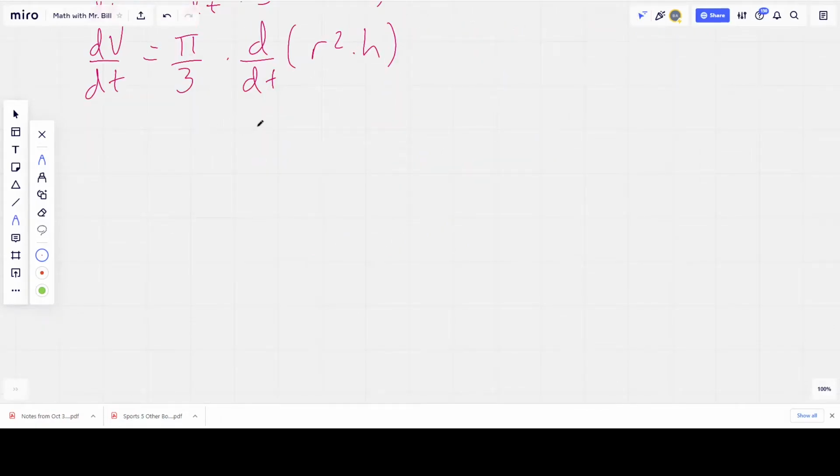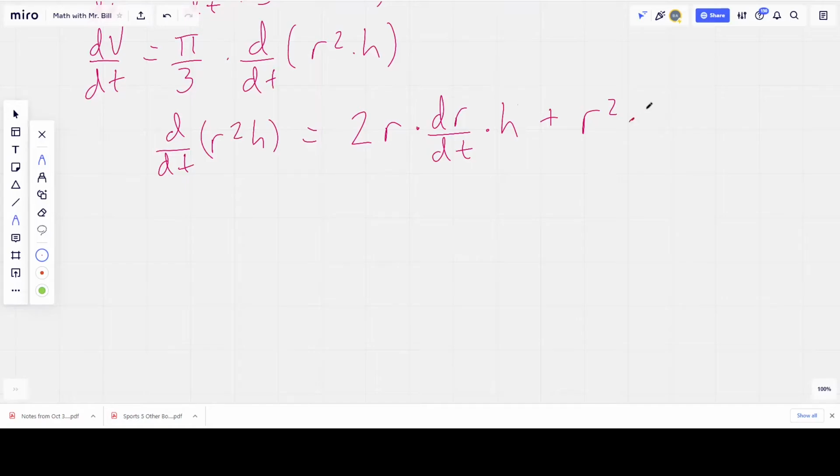So to take the derivative of that, let's do a little side work here. That's equal to the derivative of the first, so 2r. But because we're not taking the derivative with respect to r, we're taking it with respect to t, we also have to put on the derivative of r with respect to t, times h, plus the first times the derivative of h, which again, we're not taking with respect to h, we're taking it with respect to time, which means that we're going to take the derivative of h with respect to time.